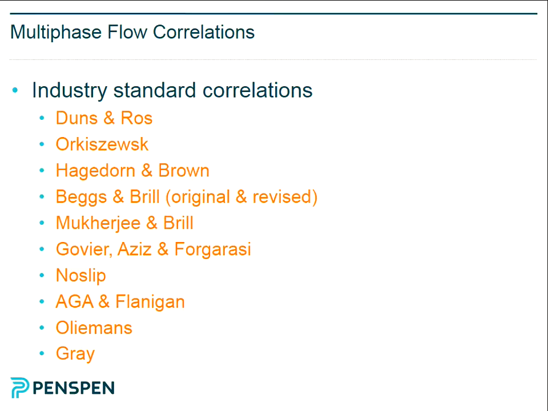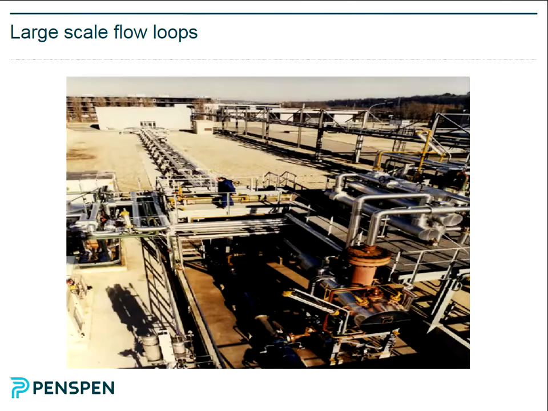So what's recommended? Single phase systems, Moody. Vertical oil wells, Hagedorn and Brown, highly deviated, Duns and Ros, all gas. All gas is based on some Norwegian research, and out of that Norwegian research, they came up with a program called OLGA, which is a transient dynamic multi-phase flow simulator, which is very expensive.